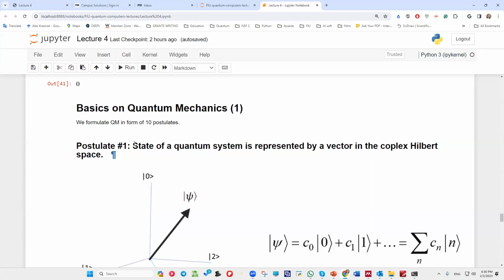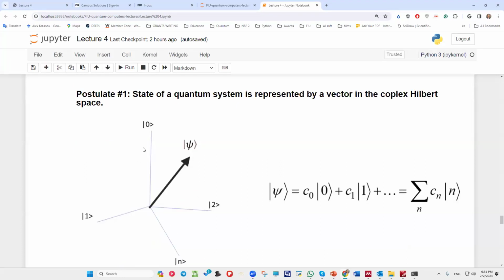I prefer to teach this part in terms of postulates. If you would try to Google the 10 postulates of quantum mechanics, you wouldn't find anything, because this is my way to represent things.